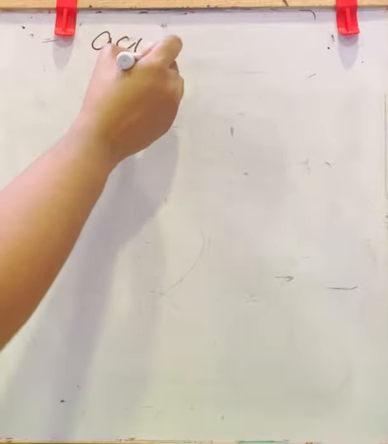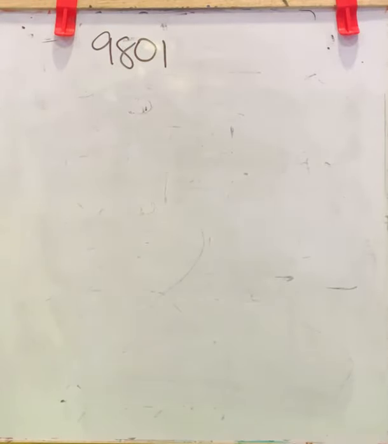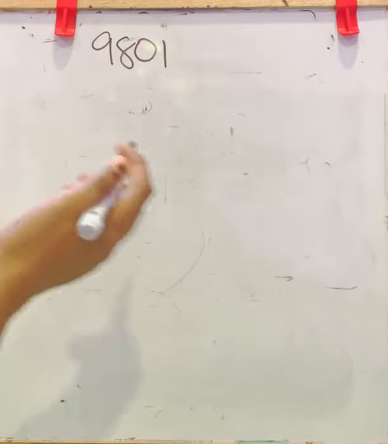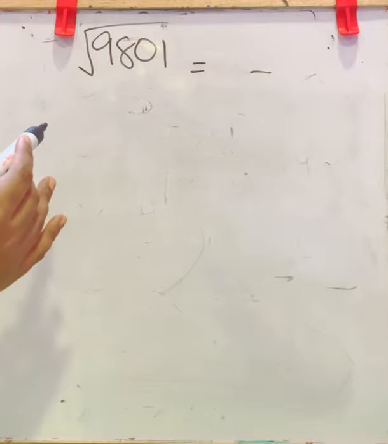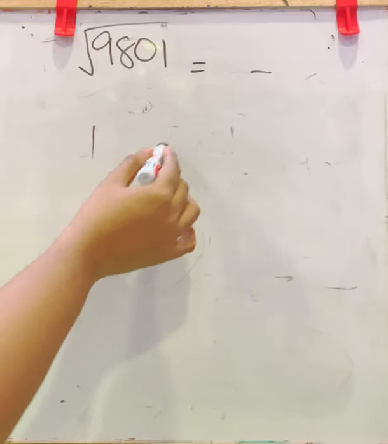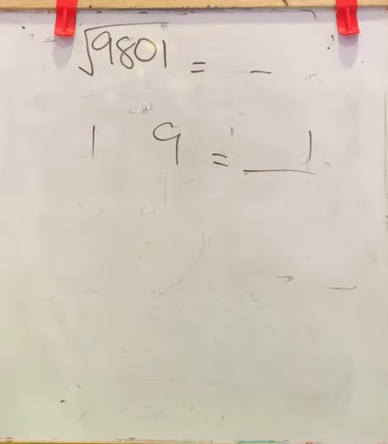Let us do problems related to square roots from exercise 6.3. First question: what could be the possible ones digit of the square root of each of the following numbers? 9801. This is a square number. Now we have to say what will be the units digit in the square root. We have already learned that after squaring 1 and 9, we have 1 in the square number's units place.